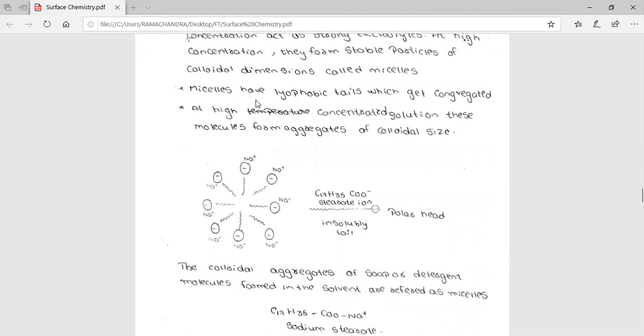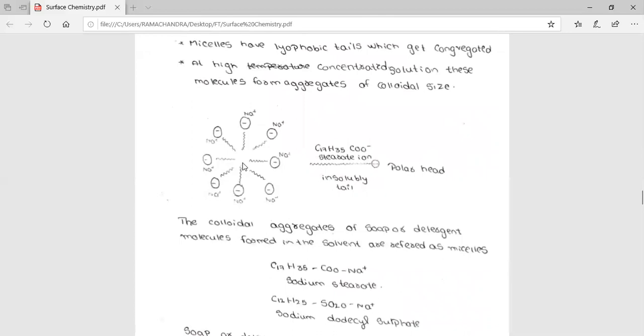So micelles have lyophobic tails which get conjugated. In a highly concentrated solution, those molecules form aggregates of colloidal size. So we see here citrate ion, the polar head. This is a head, and this is a tail.